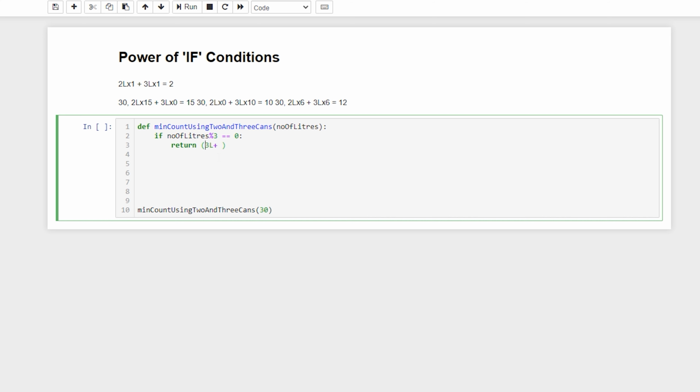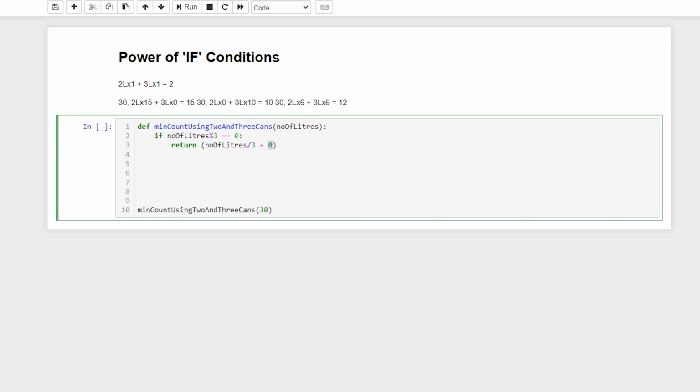We need to type what is 3 liter count, what is 2 liter count. If that number is divisible by 3, which means the remainder is 0, then obviously we can go with number of liters divided by 3, and for this condition the minimum number of count for 2 liter cans is 0. So this is the answer which we will be returning.